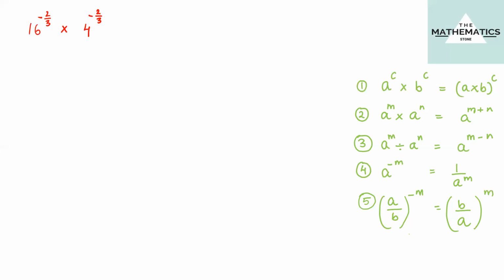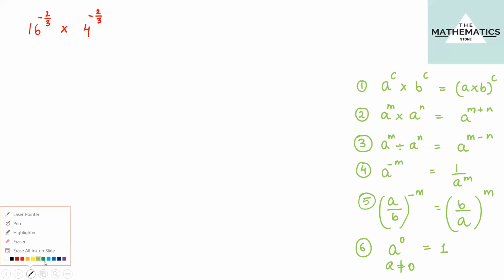These are the properties, and last but not the least, you may also see this one. If you have a raised to 0, then that is equal to 1, no matter what the value of a is. Just a cannot be equal to 0. That case is not defined. Take any value of a and raise it to exponent 0, and the answer will always be 1.